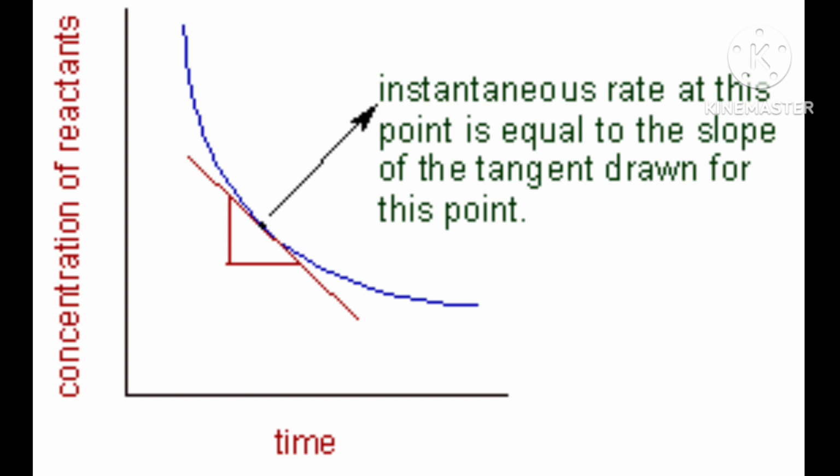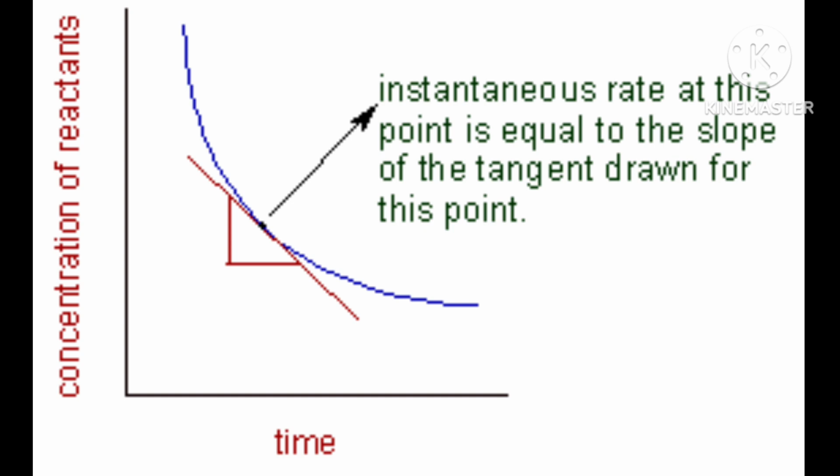New products are forming. Then all four rates will be equal. But the only difference is that here it is decreasing and that side it is increasing. Then you can write minus for the decrease. For the decrease you should write a minus sign.